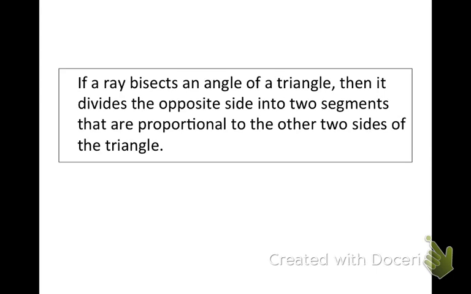So if a ray bisects an angle of a triangle, then it divides the opposite side into two segments that are proportional to the other two sides of the triangle.